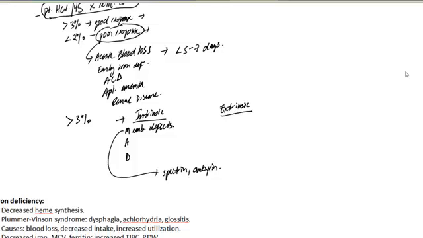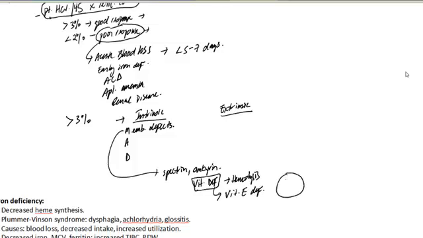Let's do an integration real quick. What vitamin deficiency can cause hemolysis because of a membrane defect? You remember vitamin E. And how do you remember that?